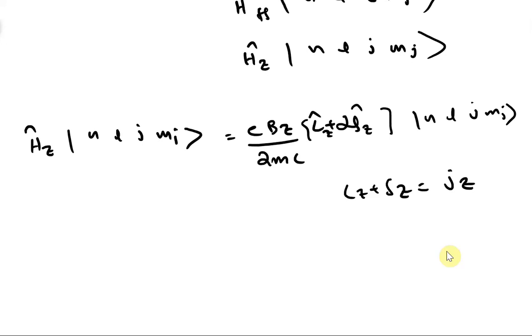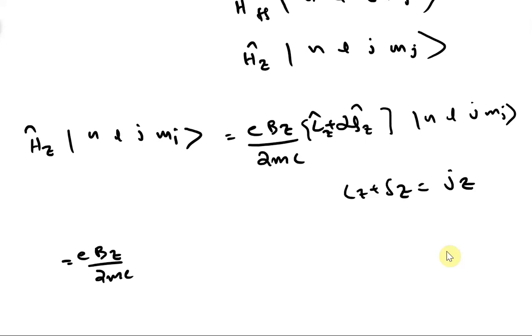So I can reform this entire expression in terms of J_z. The constant eB over 2mc will be there, and the first term L_z becomes J_z, plus one S_z, since the 2S_z becomes one S_z. When J_z acts on this state, it produces the m_j value, the total angular momentum along the z axis.